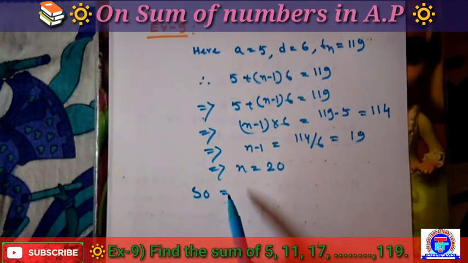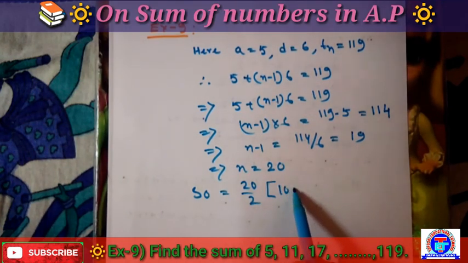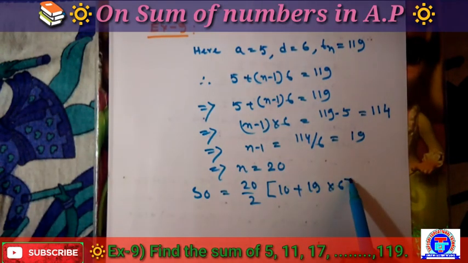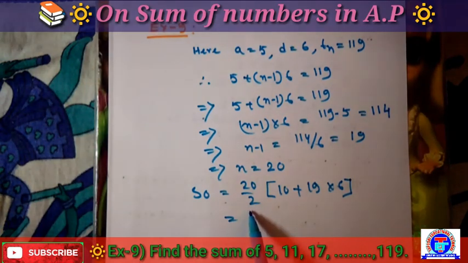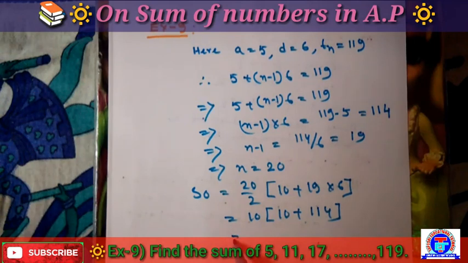So we can write 20 by 2 into 2 into 5 plus 19 into 6. That means it will become 10 into 10 plus 114, which is 124.